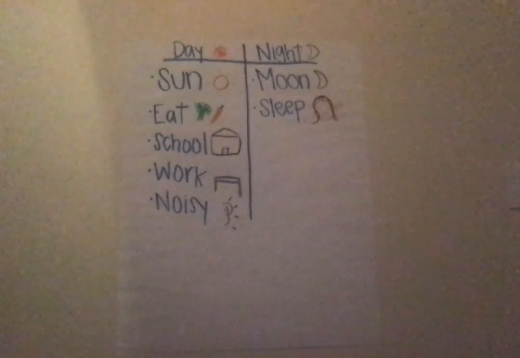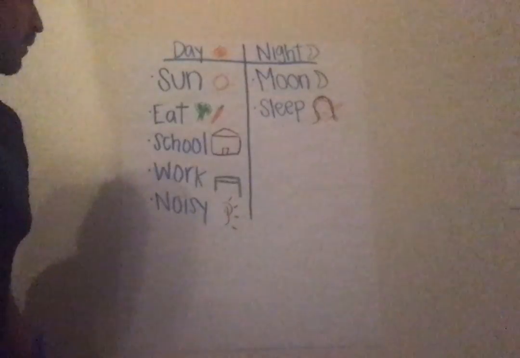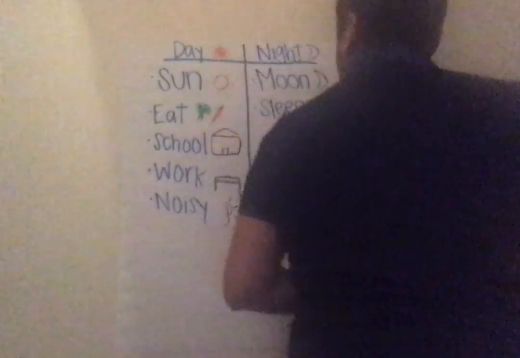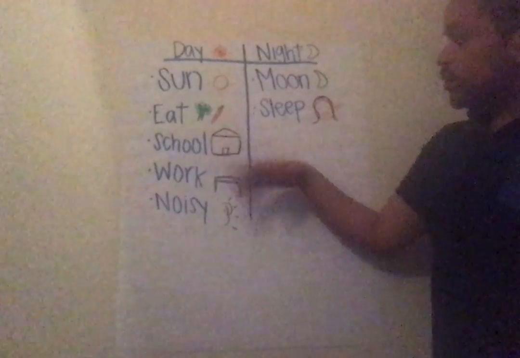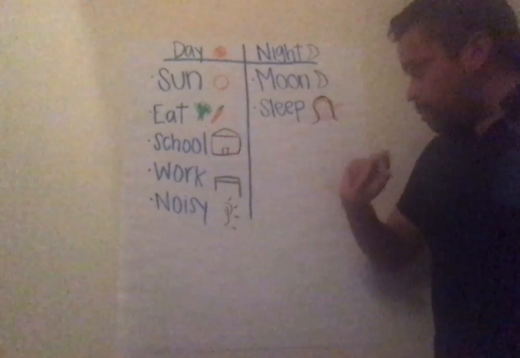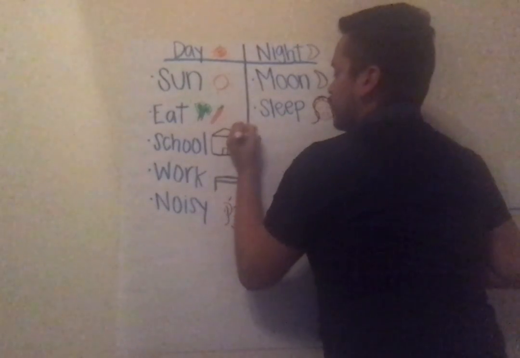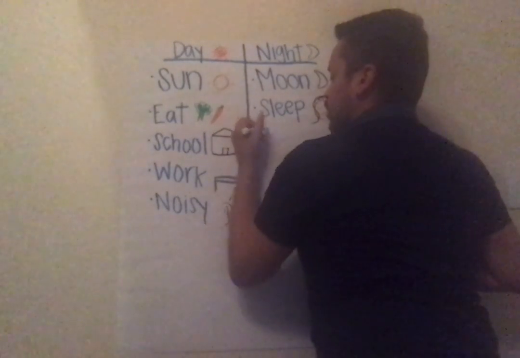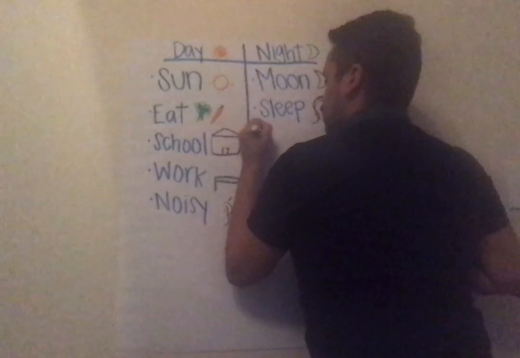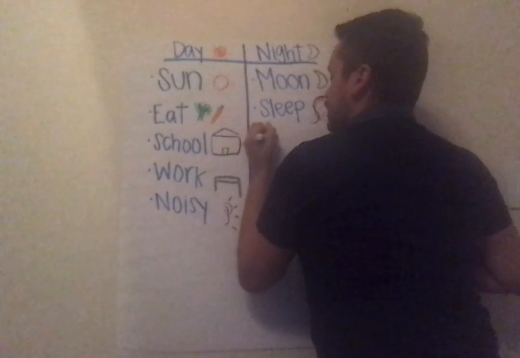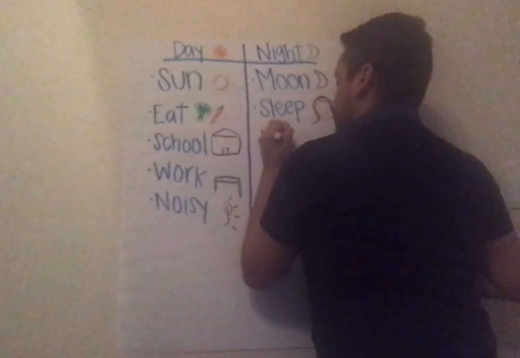What else happens at nighttime? At nighttime, are you at school? Are your parents at work? Nope. Most of us are at home. So I'm just going to write the word home here, because we are at home. Going to sleep, getting ready to go to sleep.